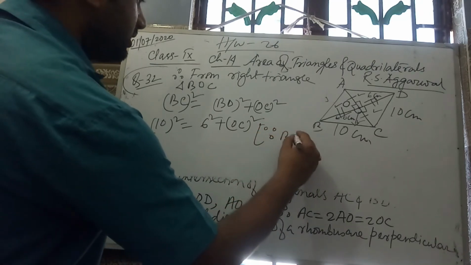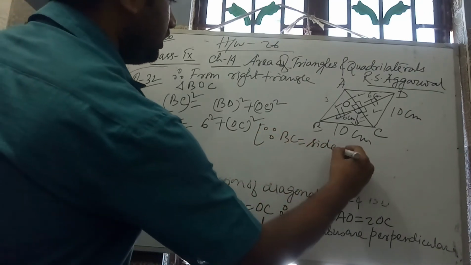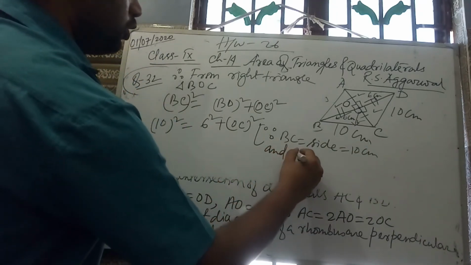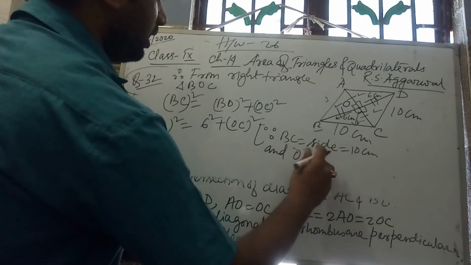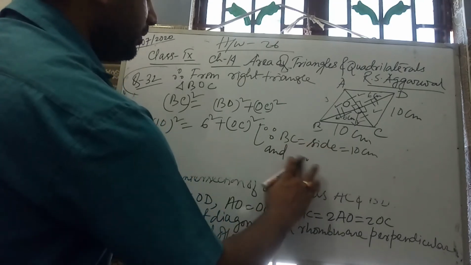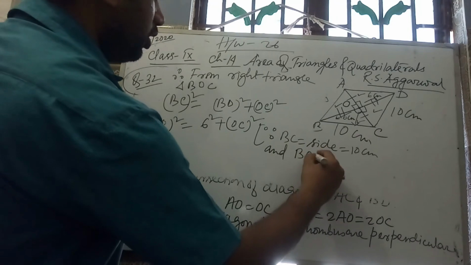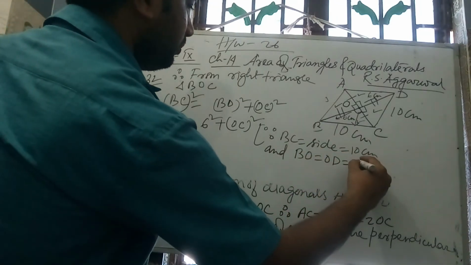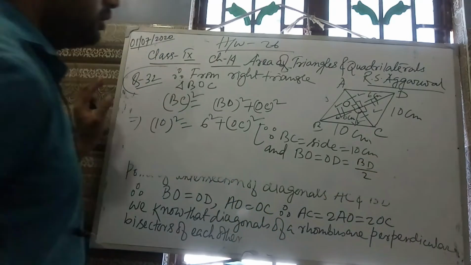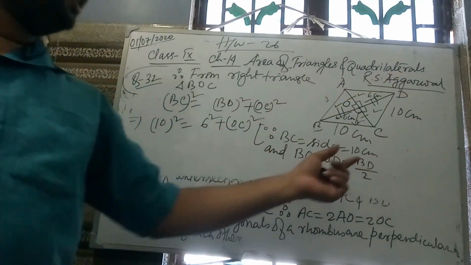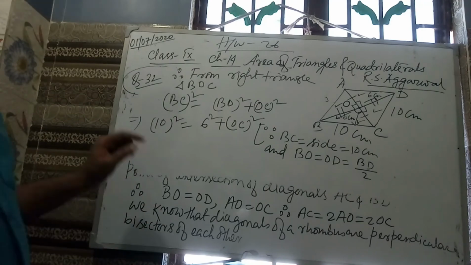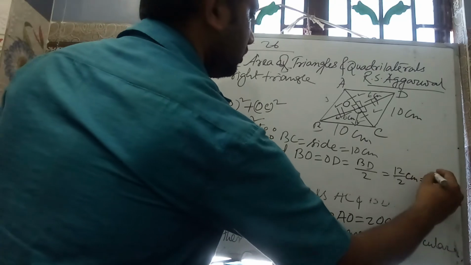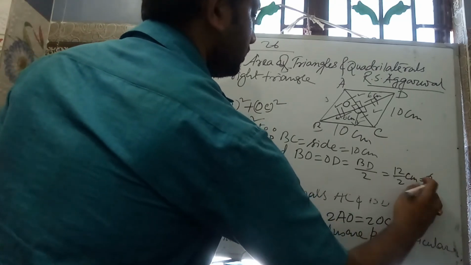Since BC equals side equals 10 centimeter and O bisects BD, BO equals OD equals BD by 2, that is 12 by 2 equals 6 centimeter.